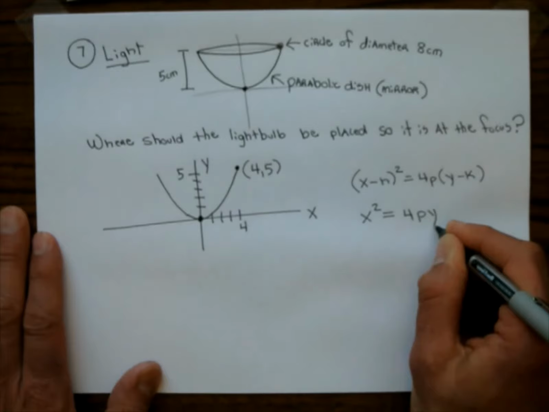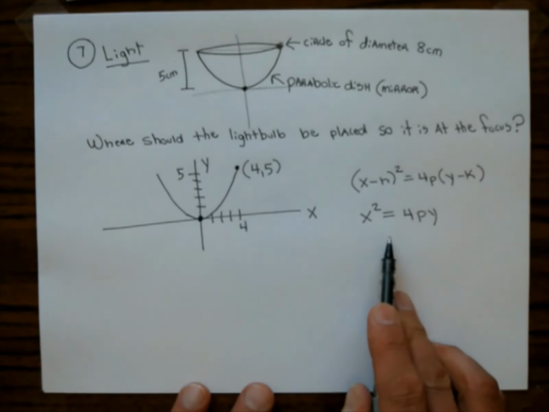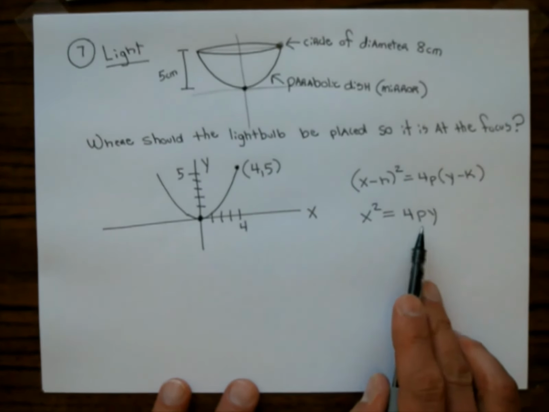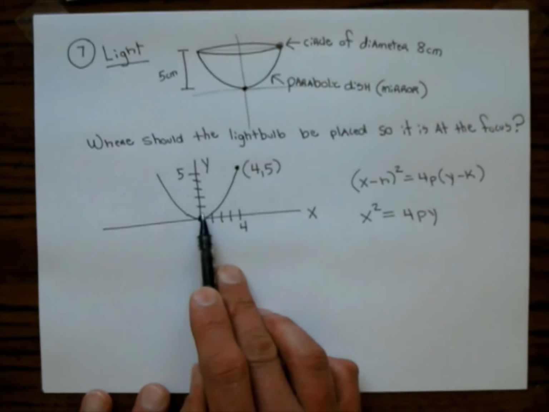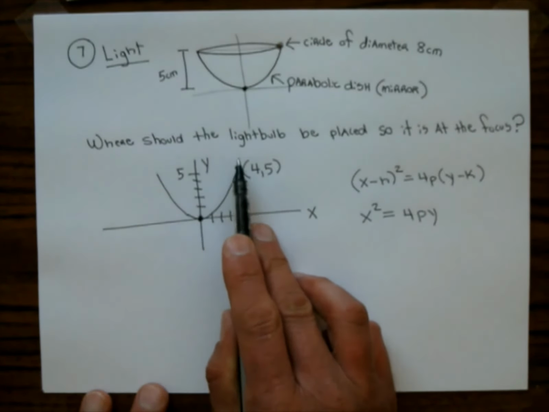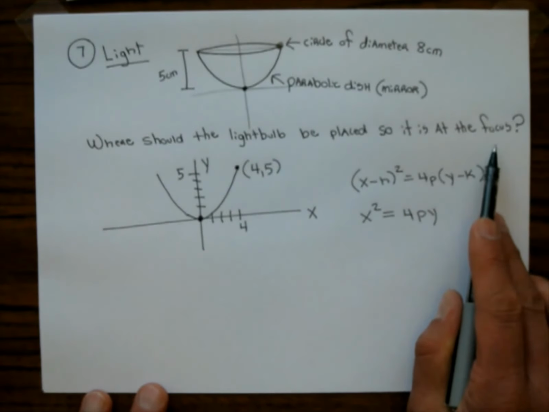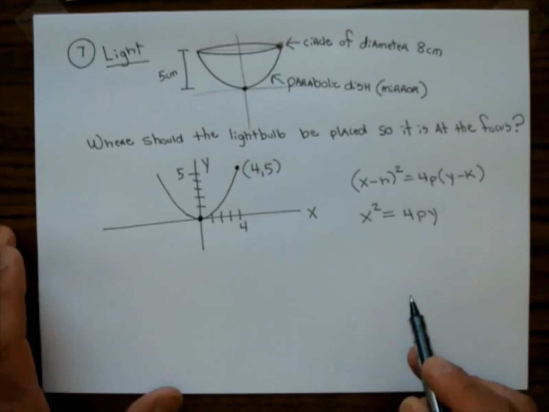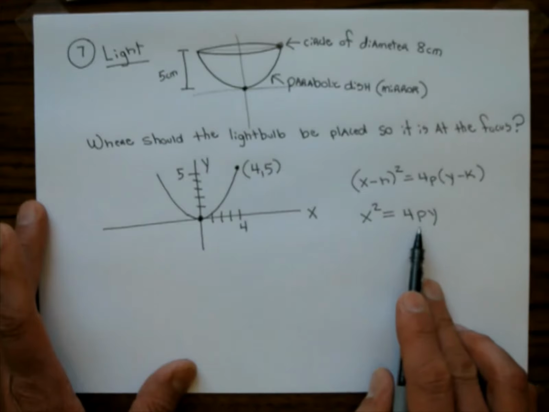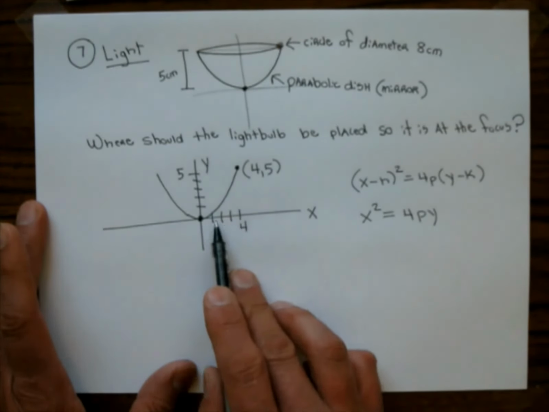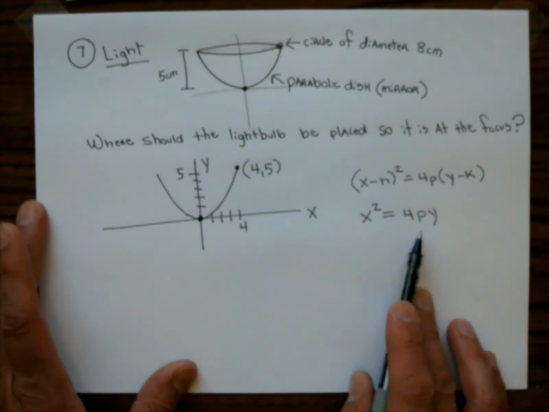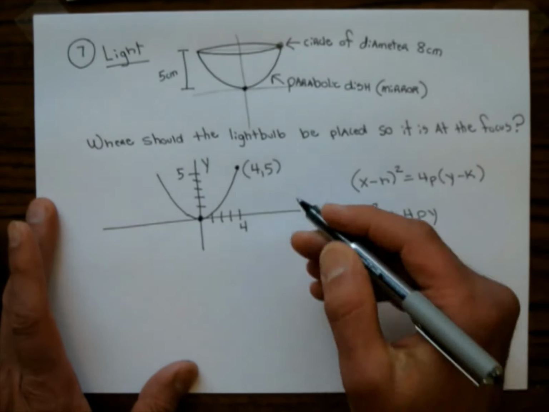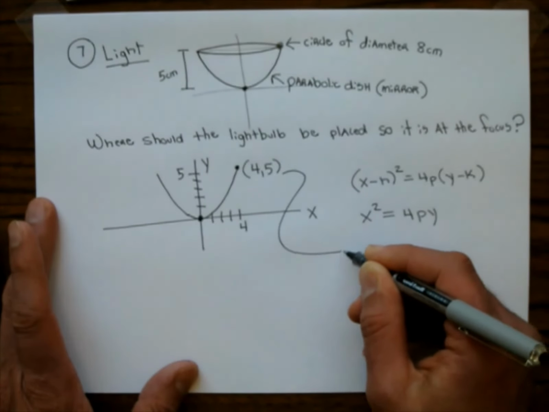So really, all I need to find to complete this problem is P, because P is the distance from the vertex to the focus, and they're asking where should the light bulb be placed so that it is at the focus. So let's find out what P is. How do I figure out what P is? I put a point that's on that parabola in there. Now if I put 0, 0 in there, it's going to ruin all my data. I'm going to put 4, 5 in there.